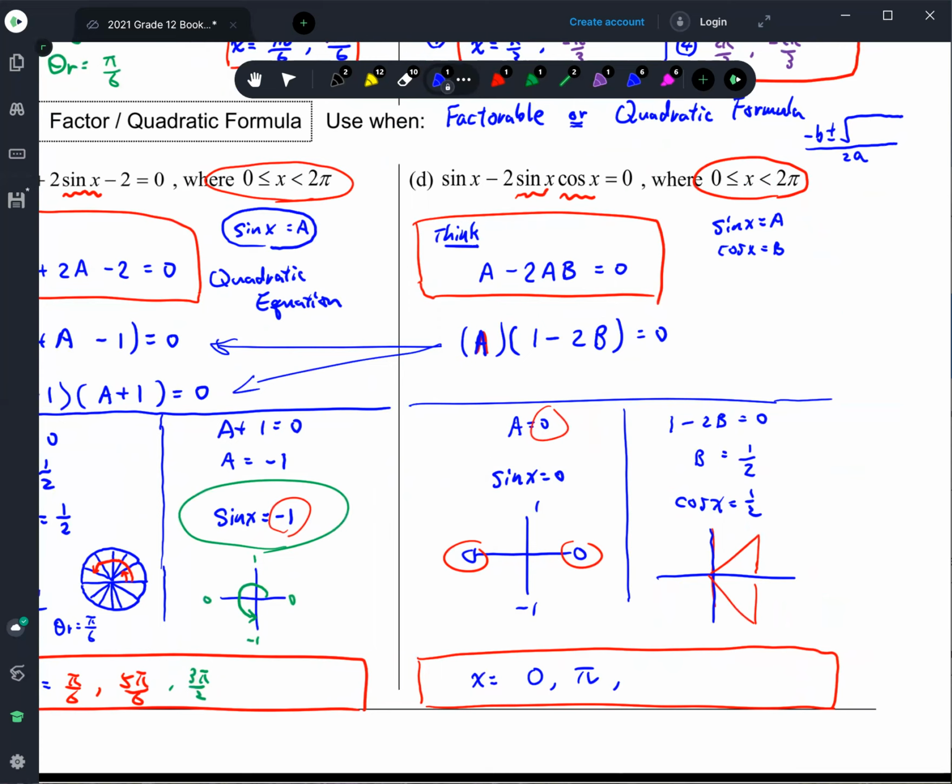Okay, Jenny, did you find the reference angle for this? Yeah, okay. All right, so work on the right hand side now, okay?